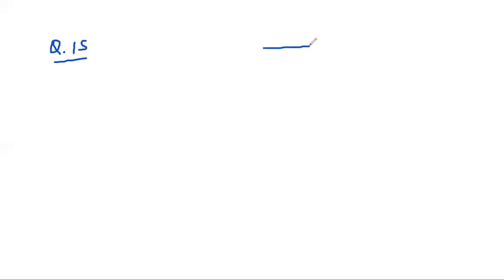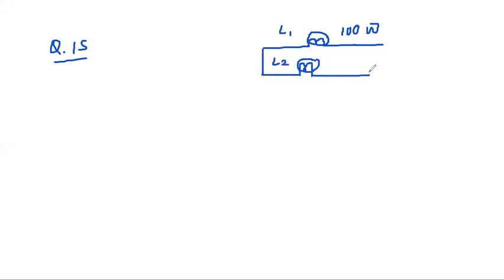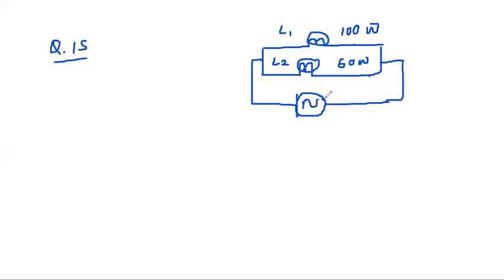So situation is like this. This is L1 whose power is 100 watt and there is another bulb L2 whose power is 60 watt, and they both are connected in parallel to an AC supply of 220 volt.